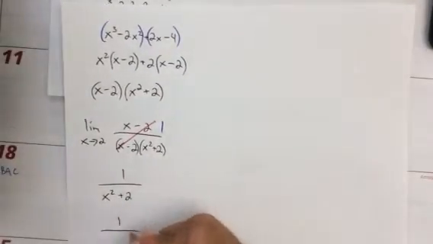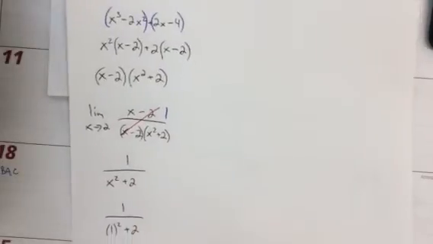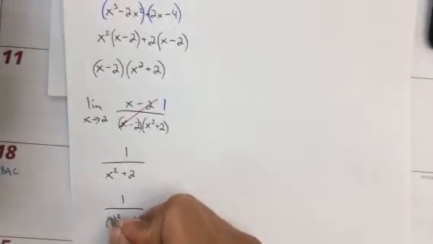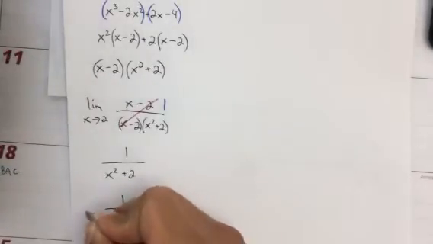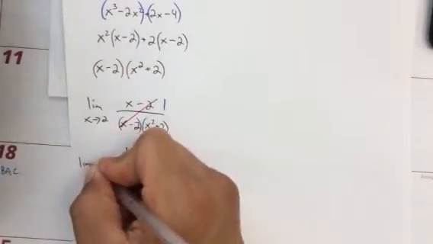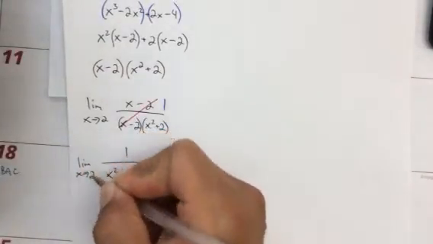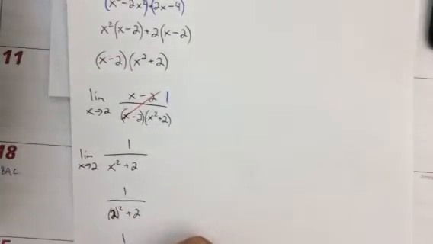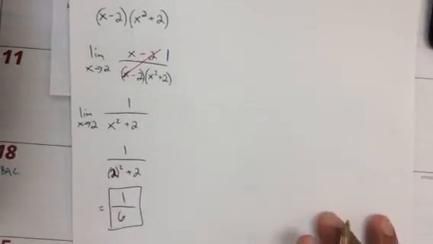So it's going to be 1 over 1 squared plus 2, which is going to be equal to, oh, I'm sorry, not 1, but 2. Remember that we're taking the limit as x approaches 2, so I'm going to plug in 2, and that ends up leaving me with 1 over 6. So our limit is 1 over 6.